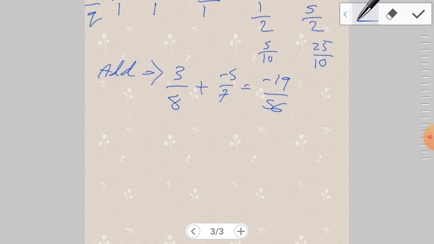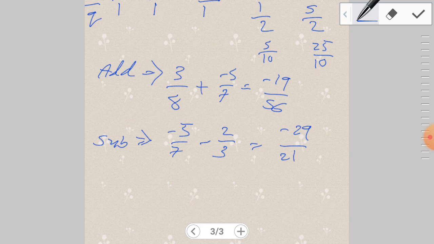So it satisfies that property. Same for subtraction also. Minus 5 upon 7 minus 2 upon 3, its answer becomes minus 29 upon 21. It also satisfies the property.